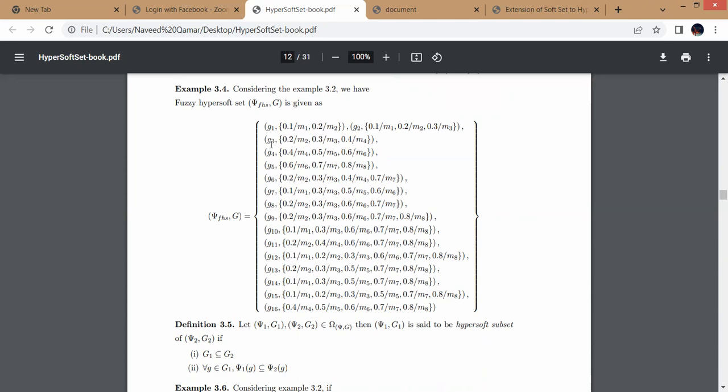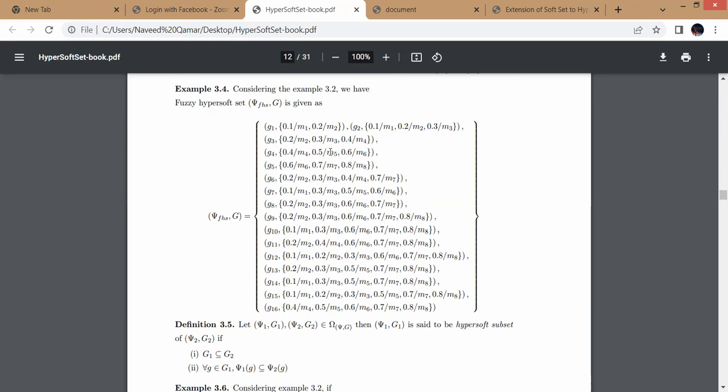Similarly, G3 properties are included in three mobiles, M2, M3 and M4. So M2 mobile has 20% of these properties. Similarly, M3 mobile has 30% of these properties, and M4 mobile has 40% of these properties.